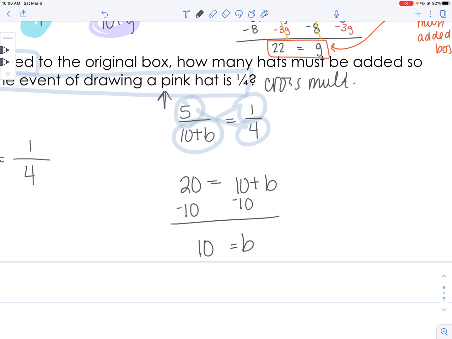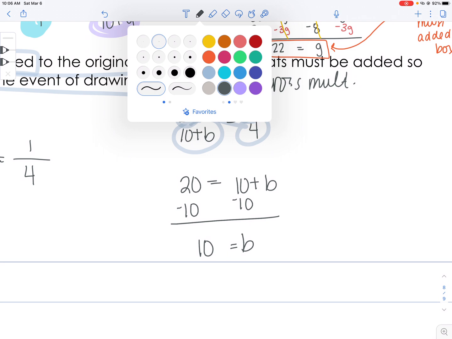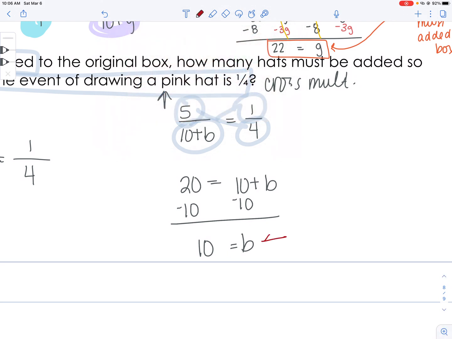So what that says is I must add 10 black hats so that the probability of getting a pink hat would be 1 out of 4.